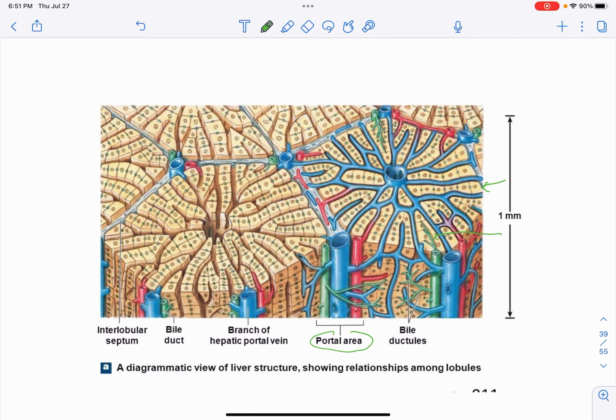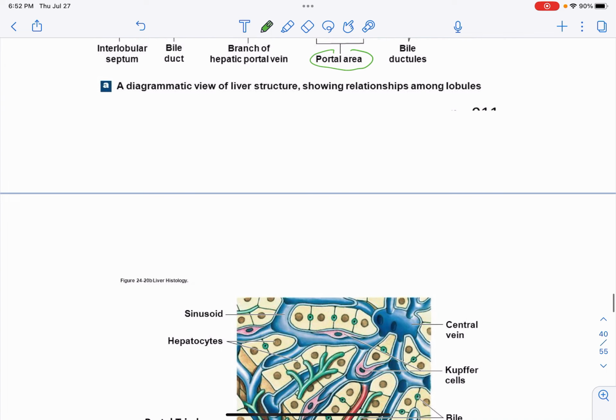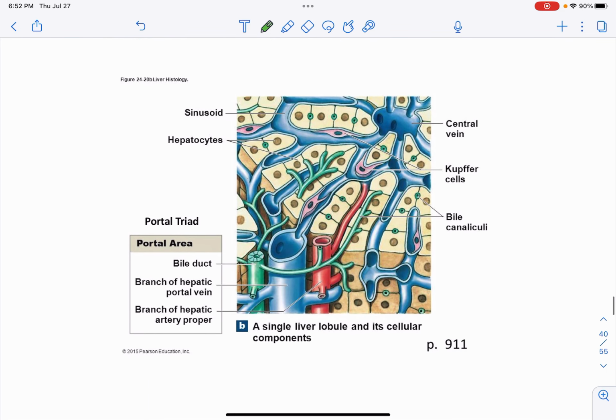All of those bile ducts will eventually merge together and head toward the gallbladder. And again, here's another view, a closer look where you can see the bile duct here. You can see the canaliculi right here. All these hepatocytes and all of these plates. You can see how the canaliculi is associated with those hepatocytes to pick up the bile that is being produced.